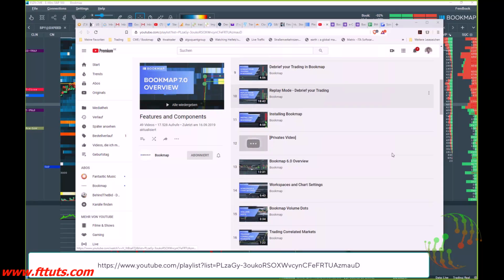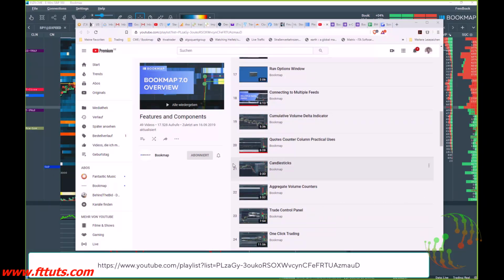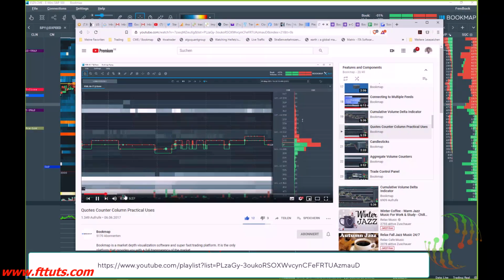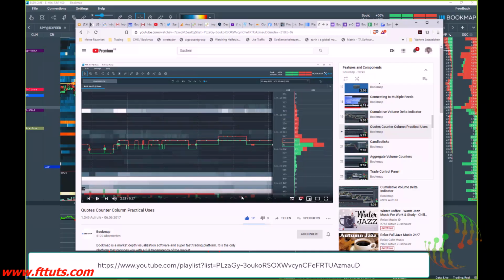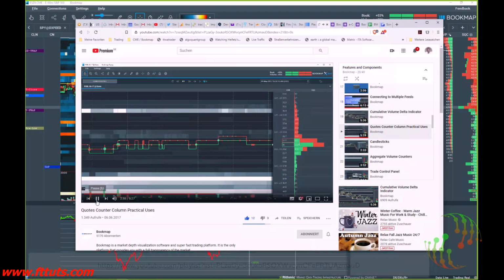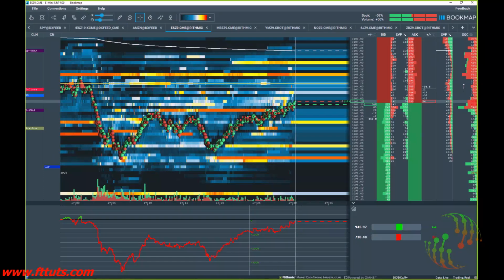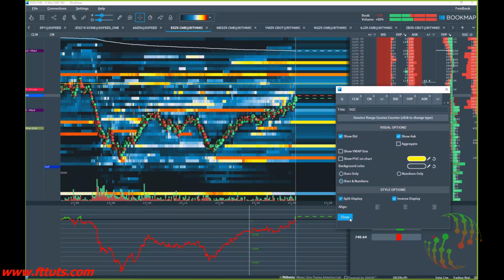And one of these features is the quotes counter, practical use, accumulated. Click chart range accumulated. This is mainly about how to set it up, but go through it. But I don't see any useful practical application for my trading in watching the quote center. So maybe you can correct me, and I would be happy to learn about that.